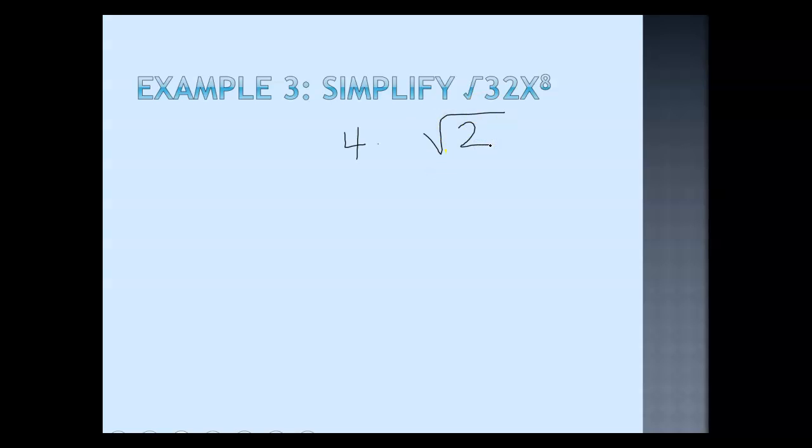X to the 8 is divided by 2, because the square root's the 1/2. 8 divided by 2 is 4. So you get x to the 4, and you're done.